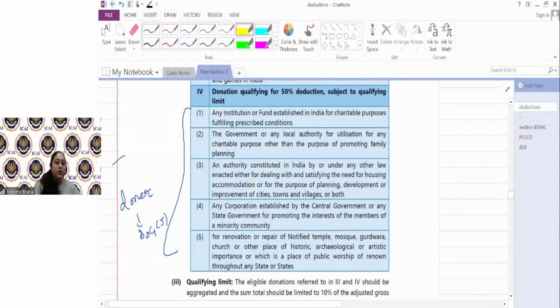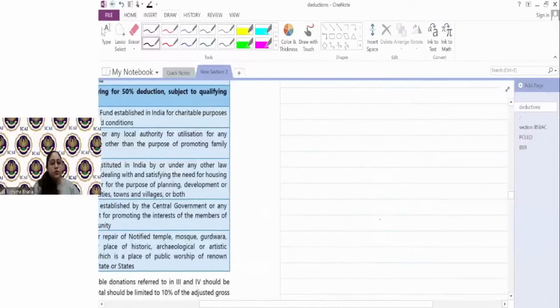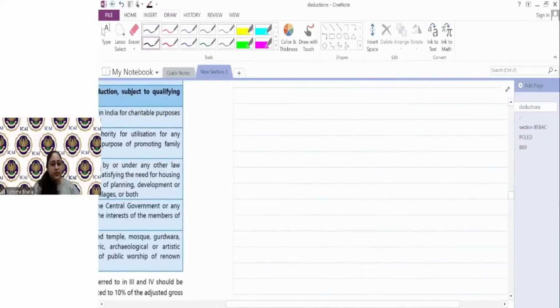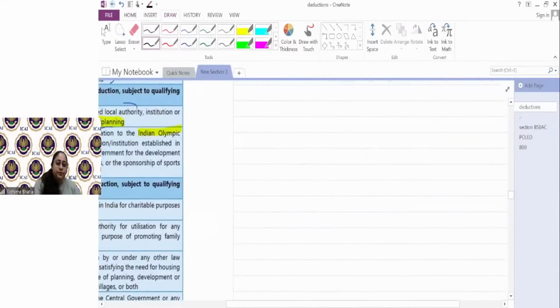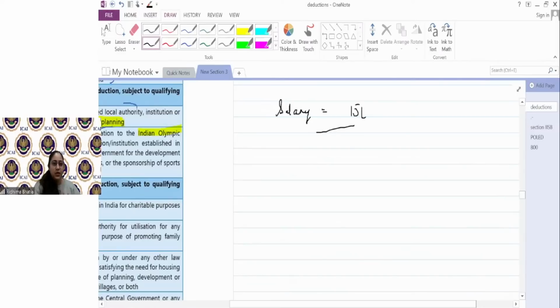Now, how do we calculate it? Simple सा है. Before going to the question which is given in book, let us do the question with an example. A person has salary income computed of 15 lakhs. ठीक है.